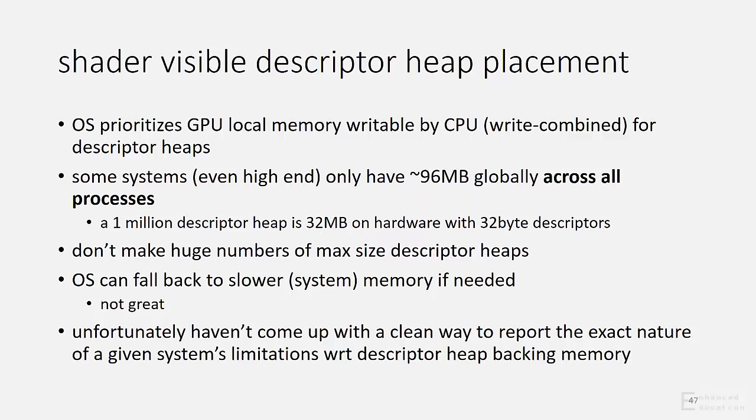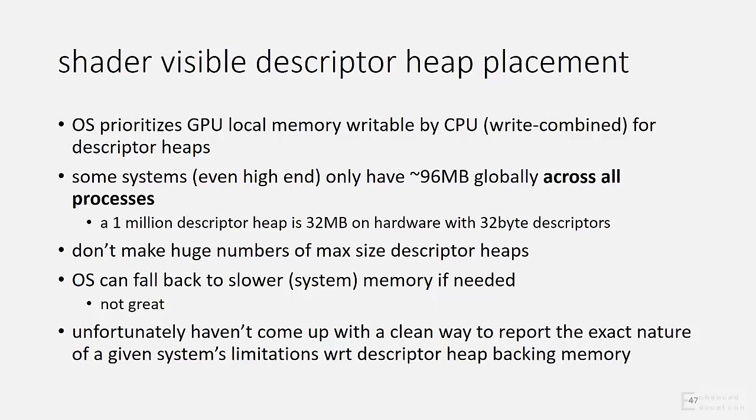So the advice for apps would be to just not make huge numbers of really large descriptor heaps. If you had to do this, or multiple processes are making large descriptor heaps at the same time, the OS has no choice but to fall back to slower system memory. It's just not great.